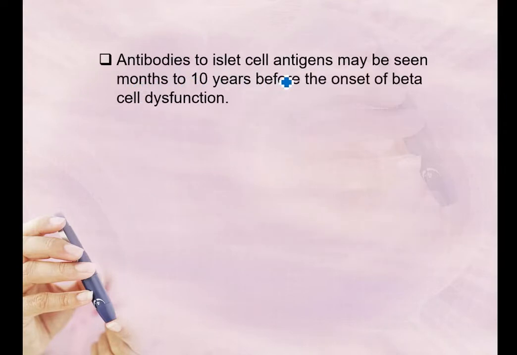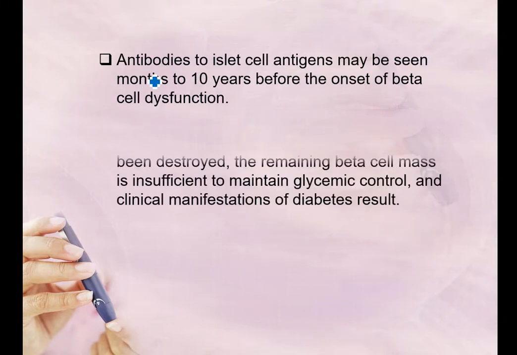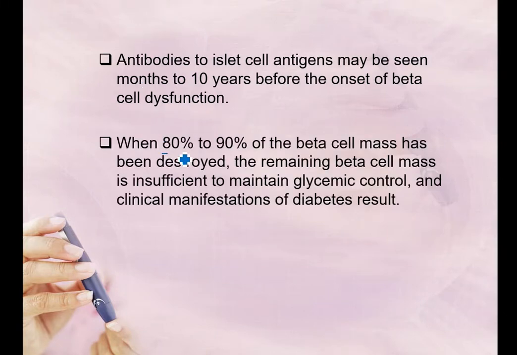Antibody to islet cell antigen may be seen months to 10 years before the onset of beta cell dysfunction. When 80% to 90% of the beta cell mass has been destroyed, the remaining beta cell mass is insufficient to maintain glycemic control, so the clinical manifestation of diabetes will appear.